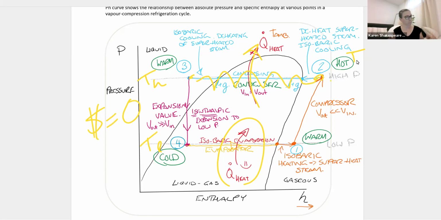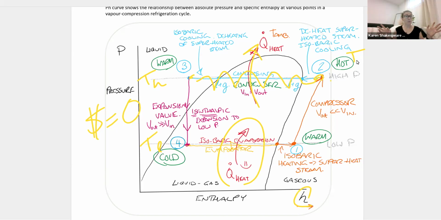It costs a lot to compress, but it doesn't cost anything to expand. All you have to do is give it an orifice to expand out of, and it's going to gun out of that orifice. It's going to take up the volume that it wants to, because it's been compressed and it had too much energy. So it's going to now expand. It's not going to change its enthalpy at all.